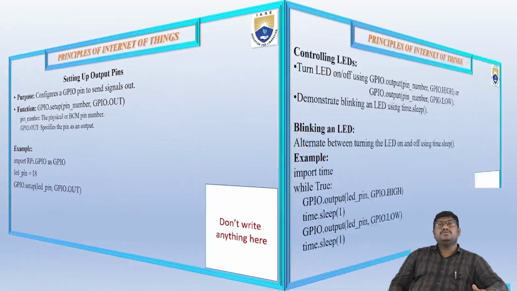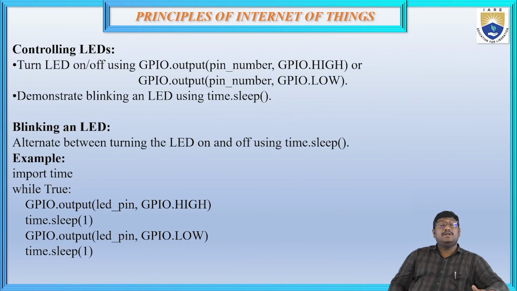Now we'll move to the next topic, which is controlling LEDs. How to control a specific LED with the help of these particular things in the Raspberry Pi kit, how to program these LEDs, and how you connect these LEDs to the Raspberry Pi for turning the LED on and off.